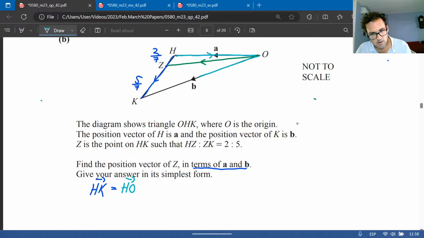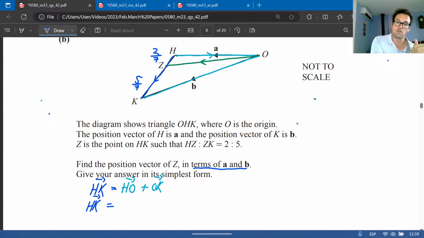And then go along this route here, which is OK. OK, nice, I like that. Right, so what do we know about these things? Well, we know HO goes in the opposite direction of A, so it's minus A. And OK, we're going with the B, so that's a positive B.